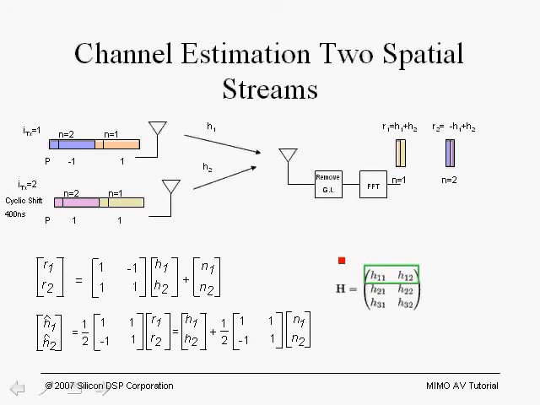Once the H matrix is estimated, then it is used by the equalizer in order to compute, for example, in the case of an MMSE equalizer, the matrix W, which is then stored and applied to the incoming data portion of the packet in order to separate the spatial streams and achieve equalization.